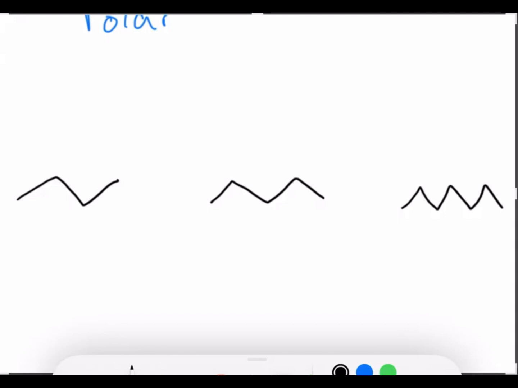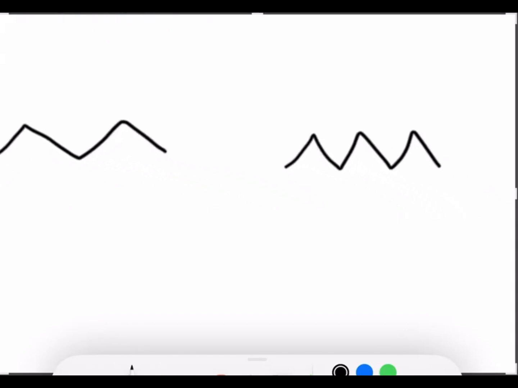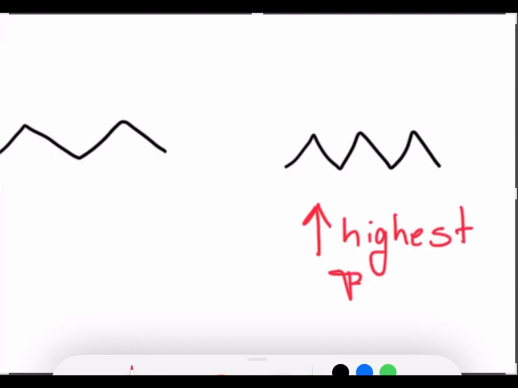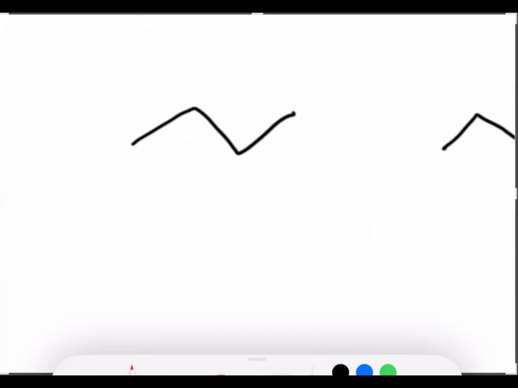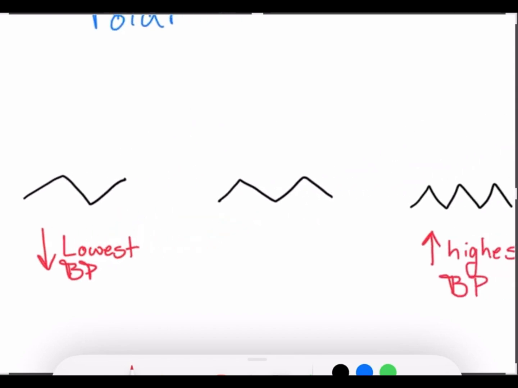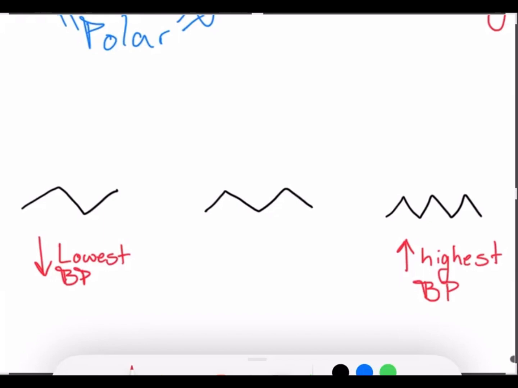So the molecule with our highest boiling point is going to be right over here, and our lowest one is going to be down here. Now, you may be wondering why that is.